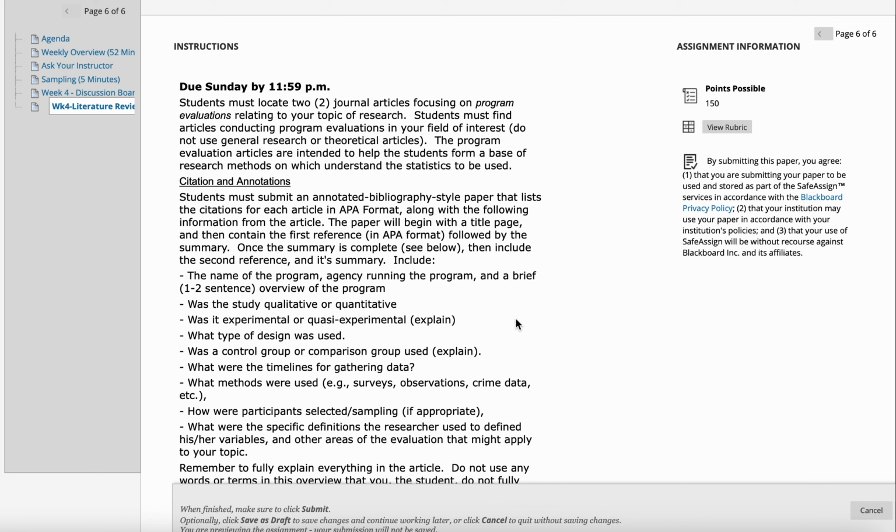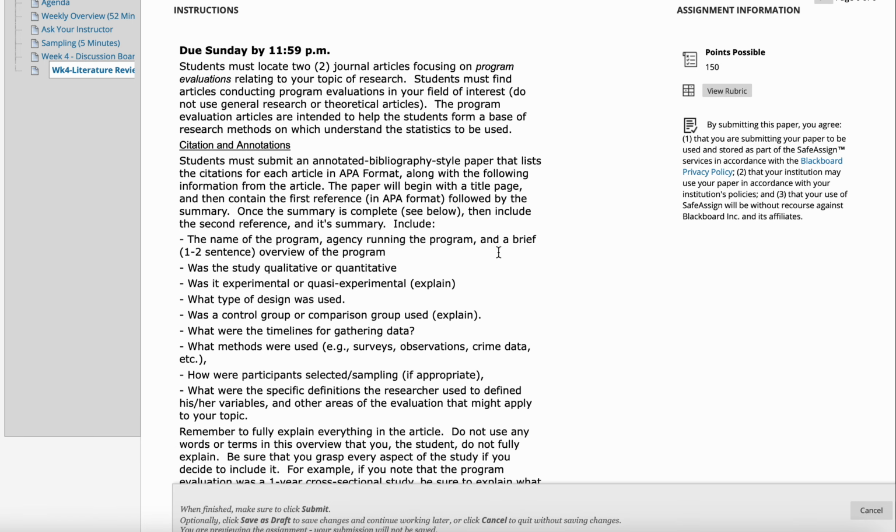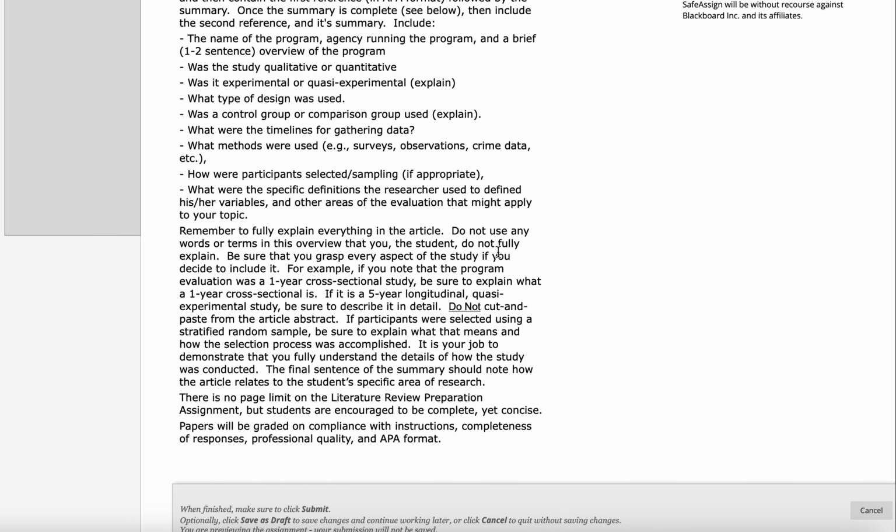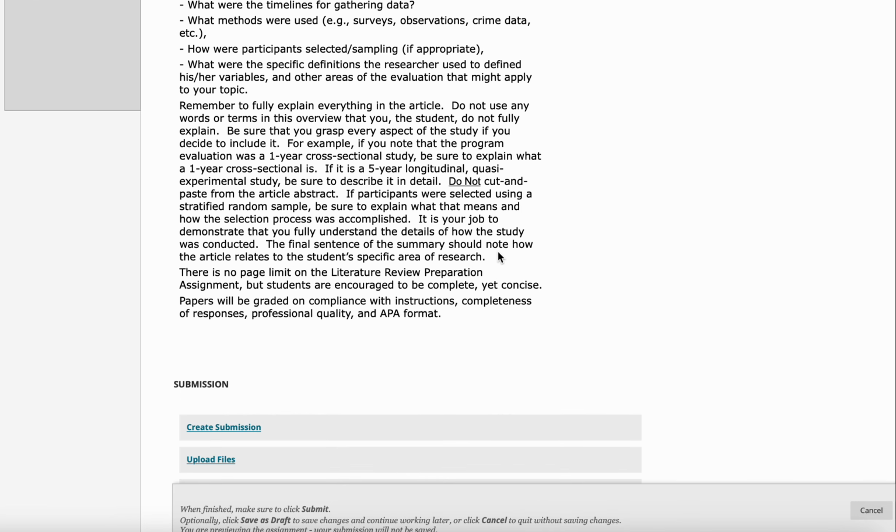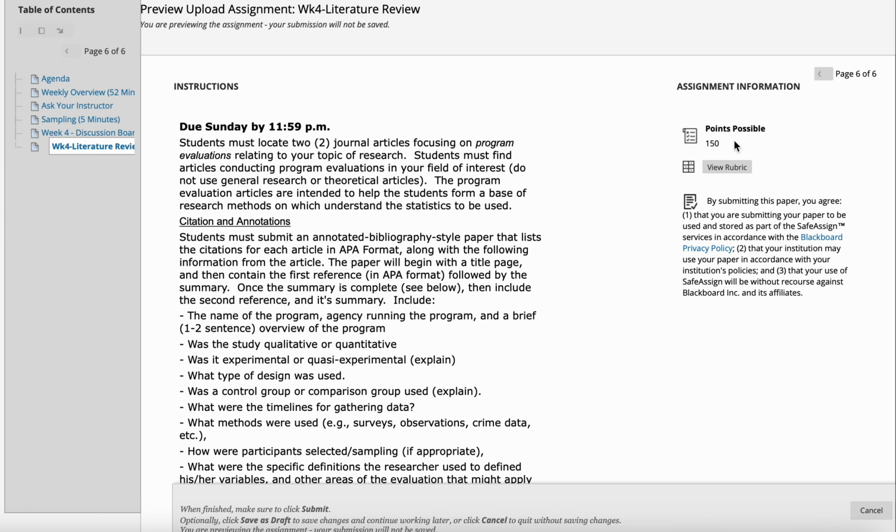The articles are intended to help the student form a base of research methods on which to understand the statistics to be used. I will let you read through the different topics and what is expected. The papers will be graded on compliance with the instructions, completeness of response, professional quality, and APA formatting. It is 150 points possible.